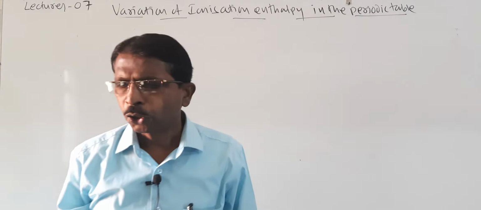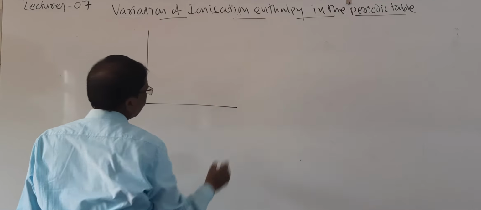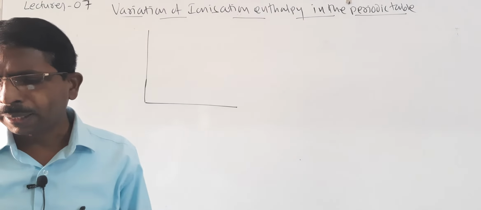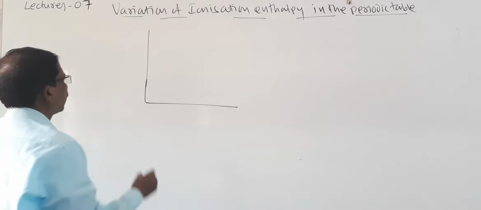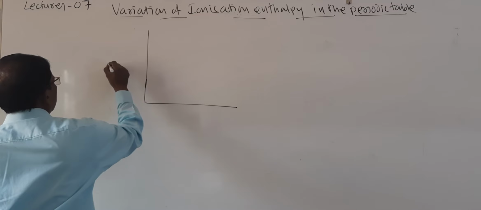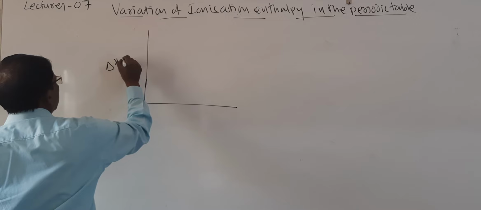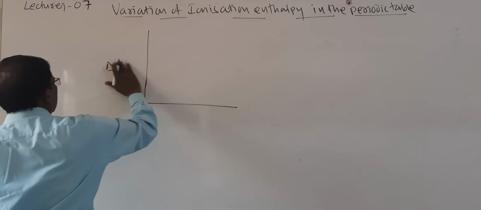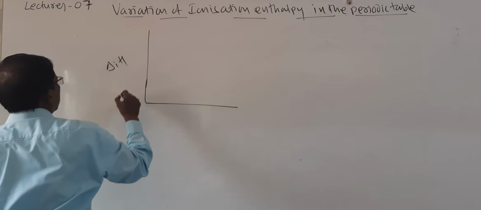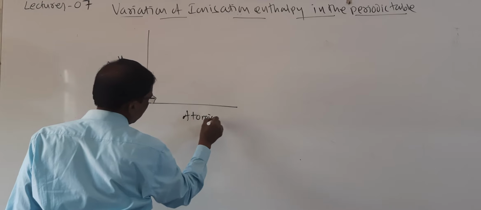And here you may also draw the graph. Here atomic number against the radius, or you may write ionization enthalpy, delta H, against the atomic number.